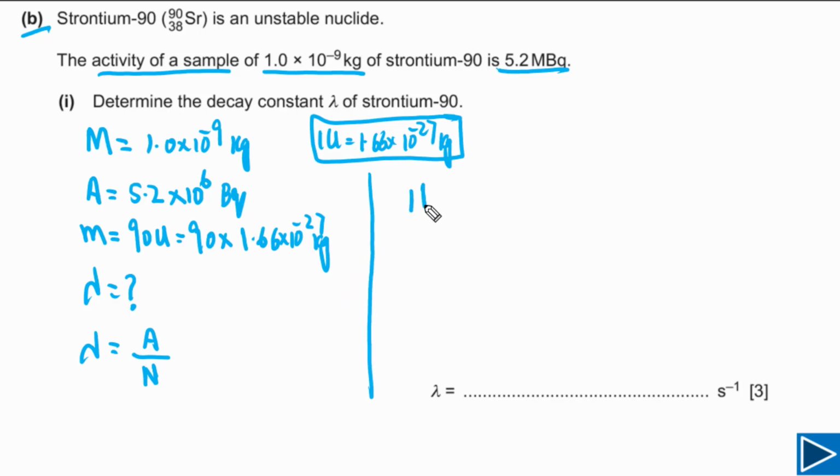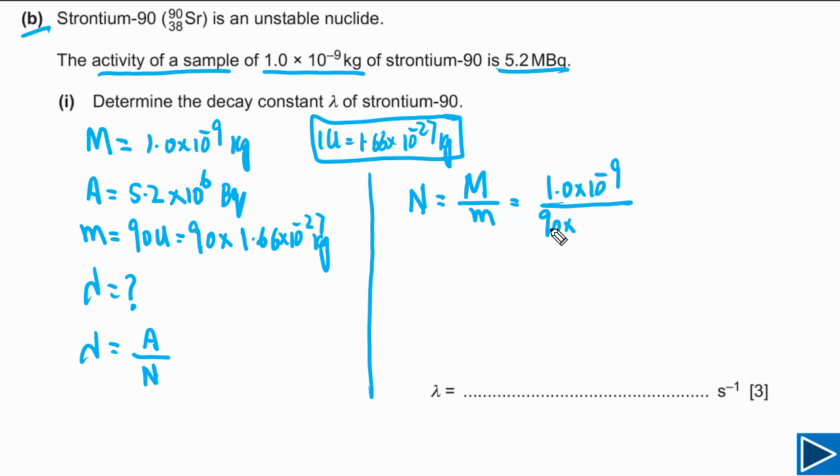In order to find the number of nuclei, simply we can divide the total mass of the sample by the mass of one nucleus. The total mass of the sample in this case is 1.0 times 10 to the negative 9 kg, divided by the mass of one nucleus.